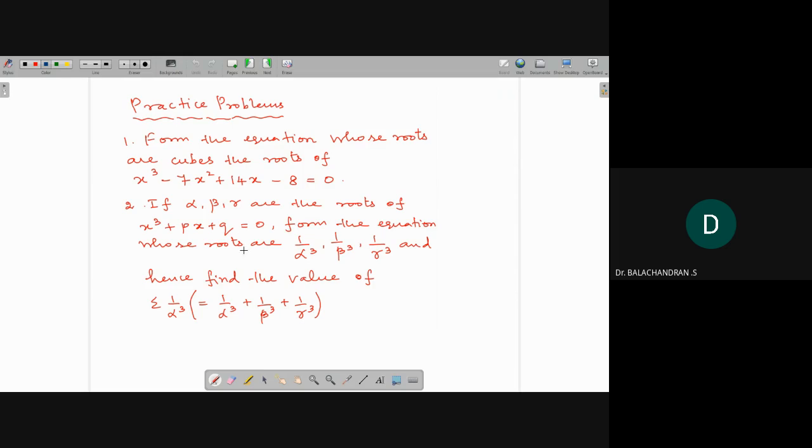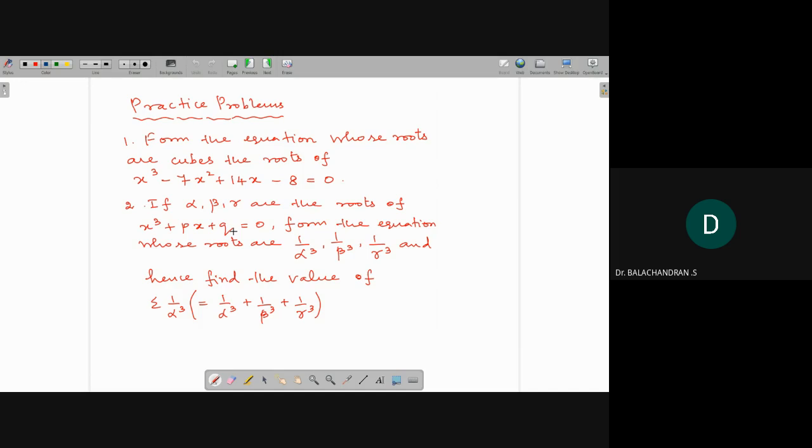So the first problem, please write the problem: form the equation whose roots are cubes of the roots of the equation x cube minus 7x square plus 14x minus 8 equal to 0.